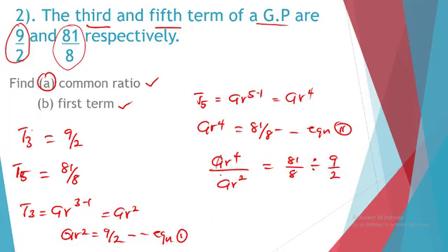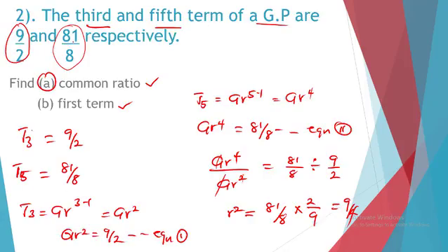We eliminate this, and then we have 4 minus 2 to give us 2. So we have r squared equal to, we'll cross multiply, 81/8 times 2/9, and that will give us 9/4 if we multiply through. So we have that r squared is equal to 9/4.